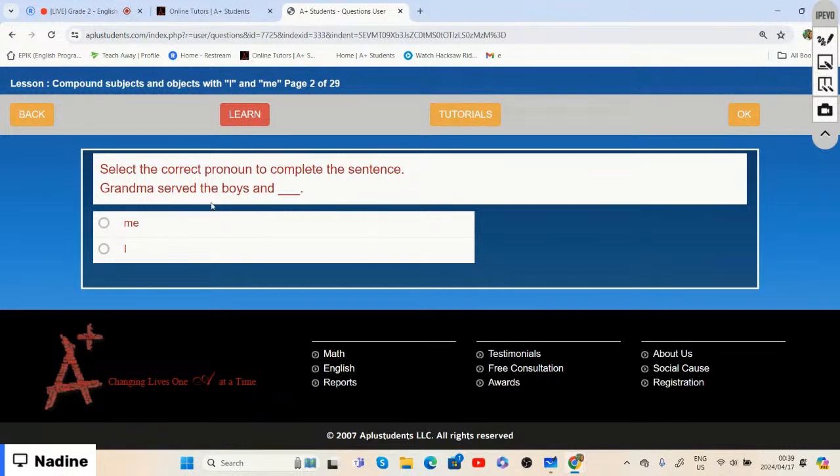We need to select the correct pronoun, right? Grandma served the boys and me, or grandma served the boys and I. We need to select the correct pronoun, either a subject pronoun or an object pronoun.